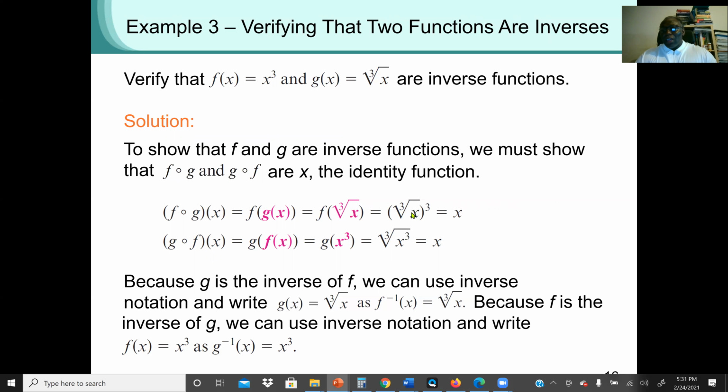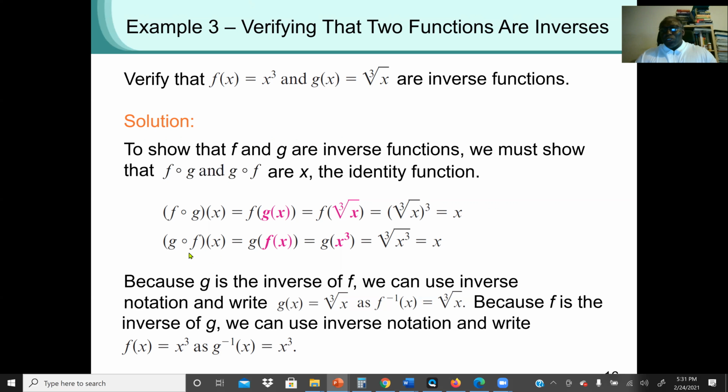But anywhere we see x, we will replace it with g at x, which is the cube root of x. So you can see here, we put the cube root of x and then the cube, because we need to keep this cube. We just substitute the x here. So x here becomes the cube root of x. So we get the cube root of x to the cube, and that gives us x.